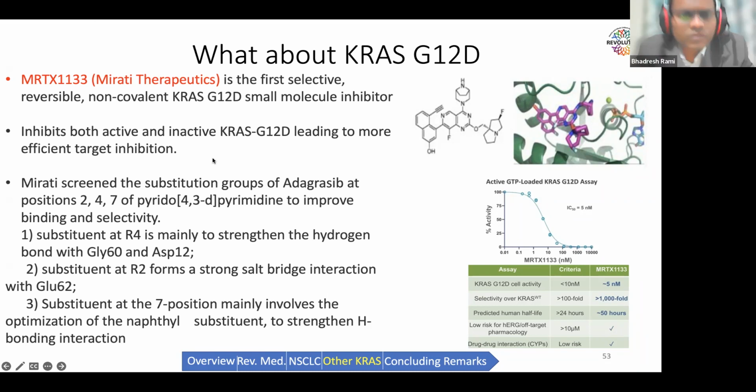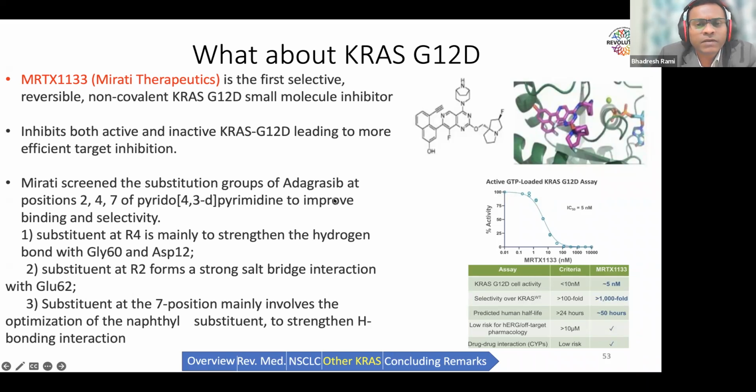Yes. So what we are seeing here is the new mutation at the same position, glycine 12, but instead of the cysteine that generates a nucleophilic group, we have an aspartate, which has a very different chemical composition. You have the carboxylate group projecting out. And Mirati Therapeutics, through their fragment-based screen and modification of adagrasib at 3 different positions, actually generated the first selective reversible inhibitor.